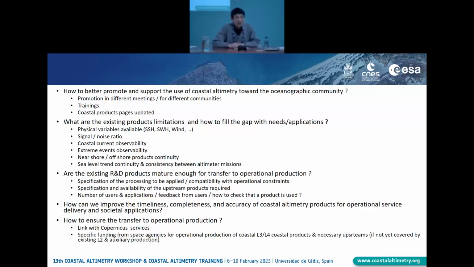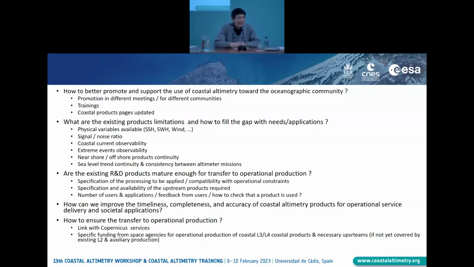And I think it would be very difficult, in terms of the complexity of the coastal altimetry product and also the accuracy of the product, if we try to simplify things and just directly meet the end user. I think at this stage it will be quite a challenge.